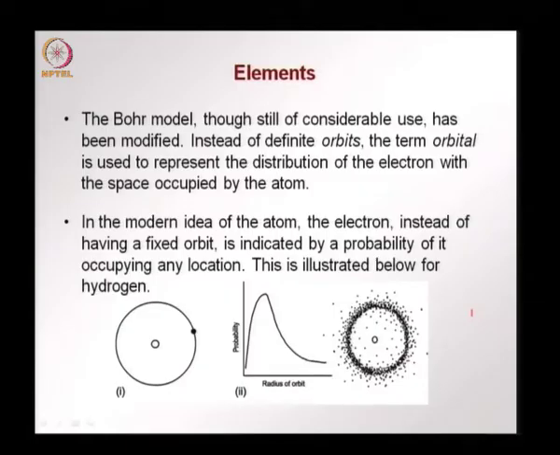Instead of definite orbits for the electrons, we use the term orbital to represent the distribution of the electron within a certain space around the nucleus in the atom.